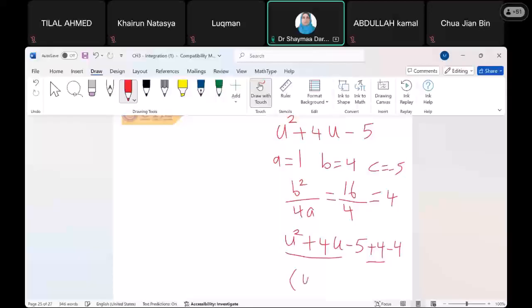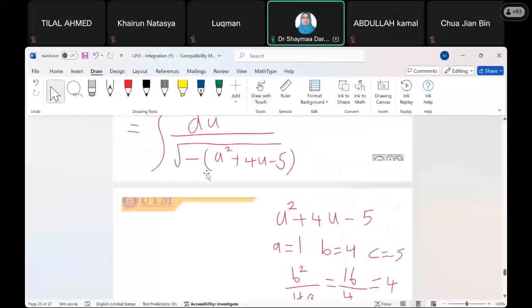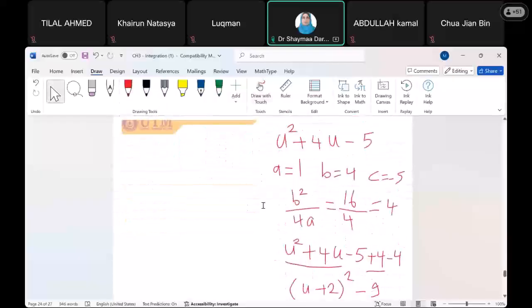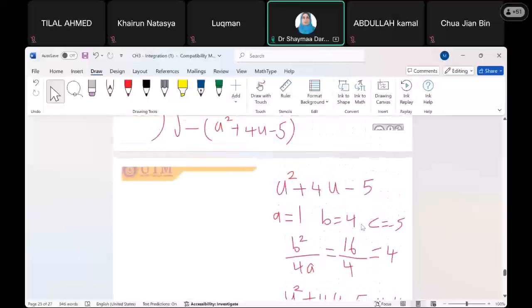This is equal to u plus 2 square, minus 5 minus 4 is minus 9. So u plus 2 square minus 9. Now go back and replace this one by u plus 2 square minus 9.